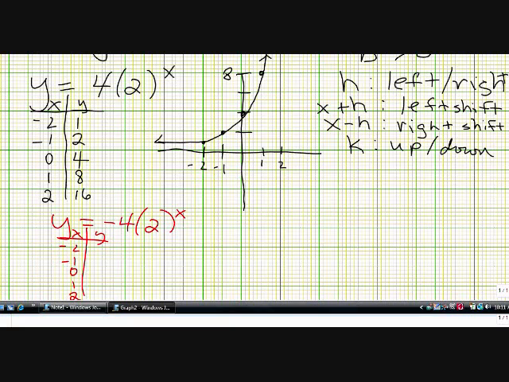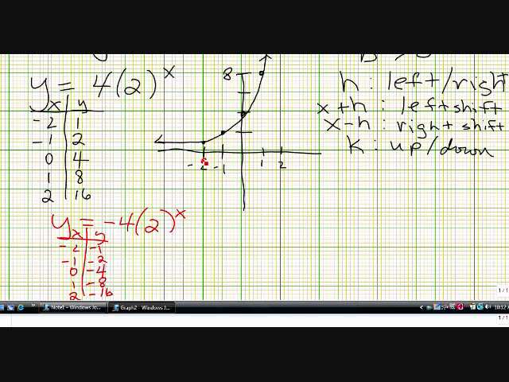And -4 times 2 to the 0th power, that's just -4. -4 times 2 to the first power is -8. -4 times 2 squared is -16. So essentially I've just changed my signs here. Let's see what the difference in this graph is.